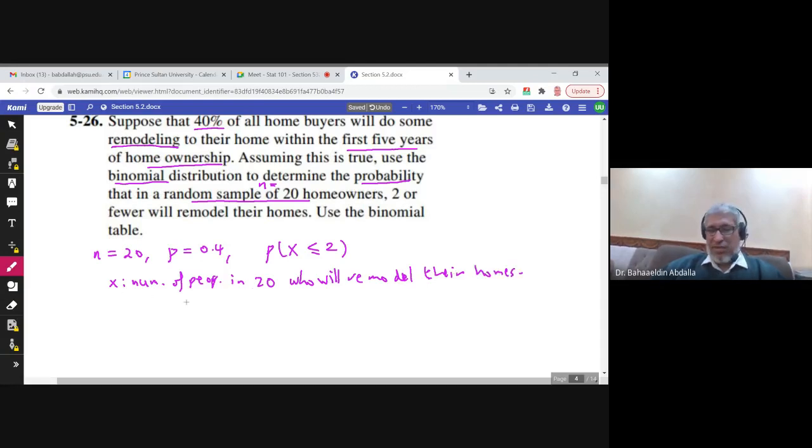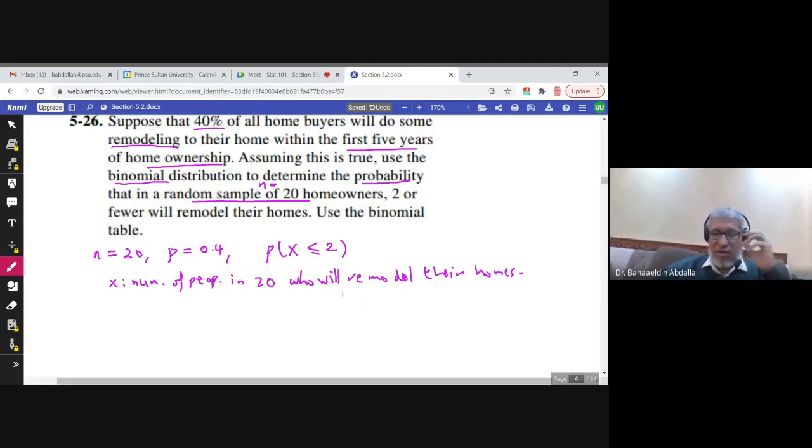So x is the random variable. What is the experiment? We will come to each one of these 20 and ask him, did you remodel your home or not? So either he remodeled or not.